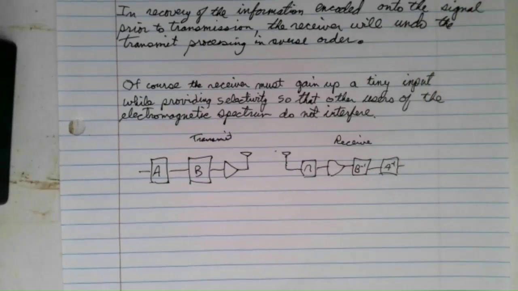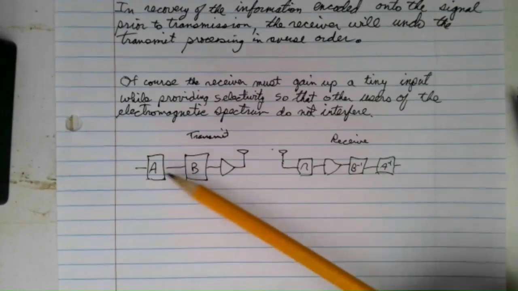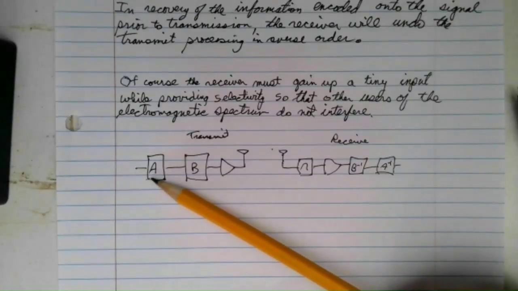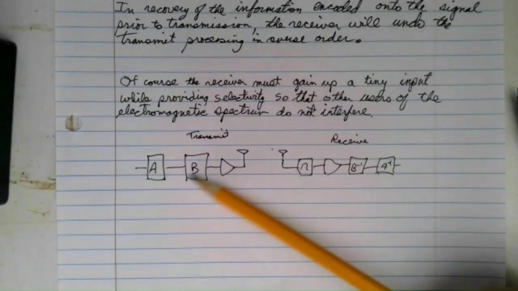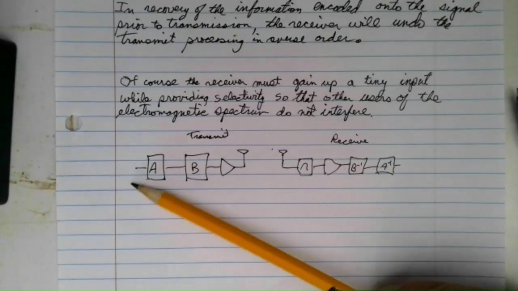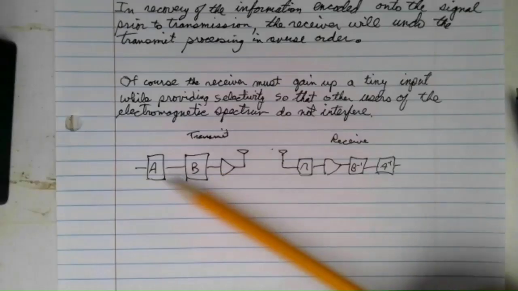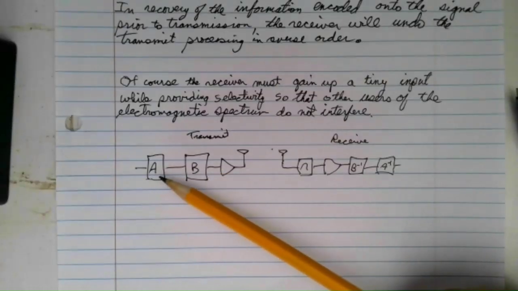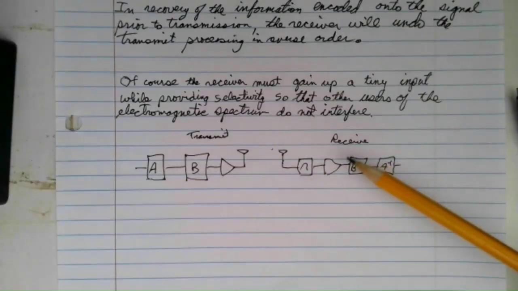But in general, suppose you're a data person, and maybe you have a convolutional encoder, maybe an interleaver, and then a QPSK modulator, for instance, in a data transmission system. Maybe those 3 things, so you'd have an A, B, and a C here. What are you going to do first after you receive?